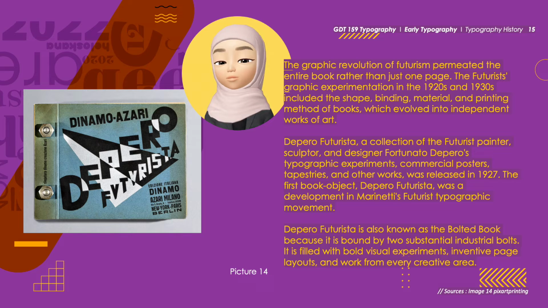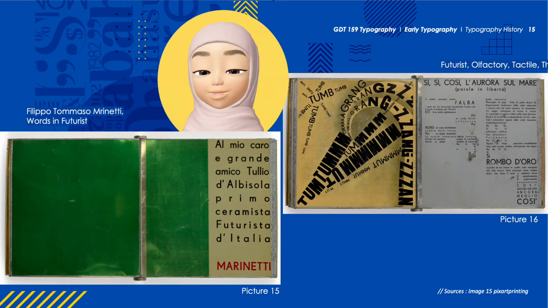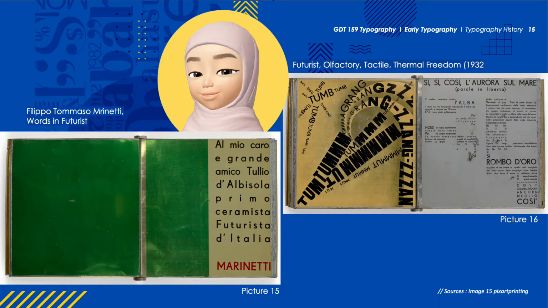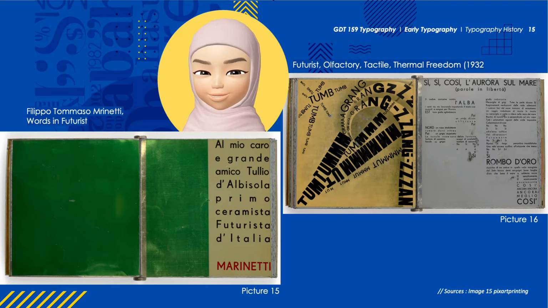The first book object, Depero Futurista, was a development in Marinetti's Futurist typographic movement. It is also known as a bolted book because it is bound with two substantial industrial bolts.